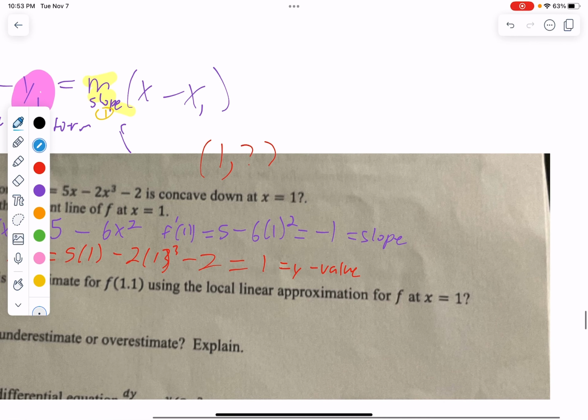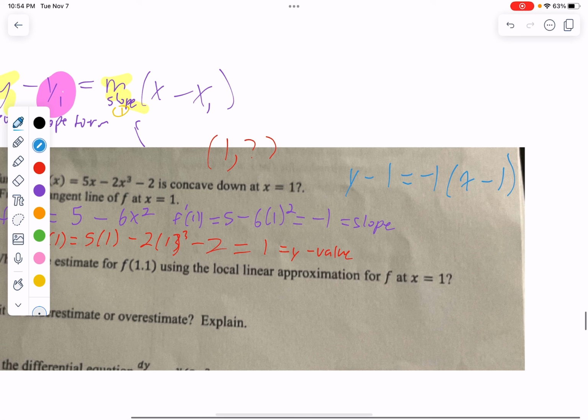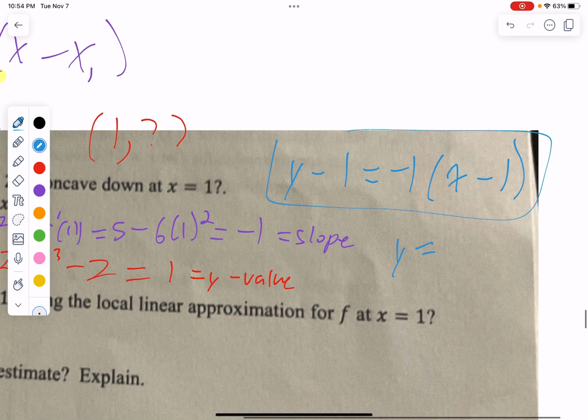So we have y minus y1, which is just 1, equals negative 1 times x minus 1. And that is your equation for the tangent line. You can rewrite it as y equals negative x plus 2.